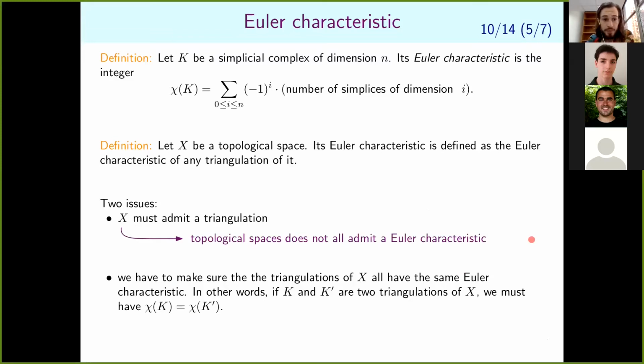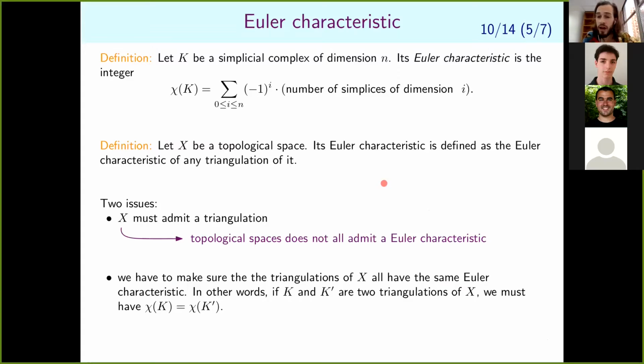Second issue: when I say that the Euler characteristic of a topological space is defined as the Euler characteristic of any triangulation, I have to make sure that all the triangulations that X admits have the same Euler characteristic.